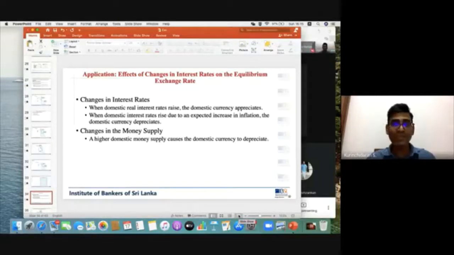You don't get a real interest rate rise. So the domestic currency depreciates, because the real interest rate is going to decline, right? People assume that the real interest rate is going to decline because expected inflation is going to increase. So then what will happen to the domestic currency, the dollar? That would depreciate.